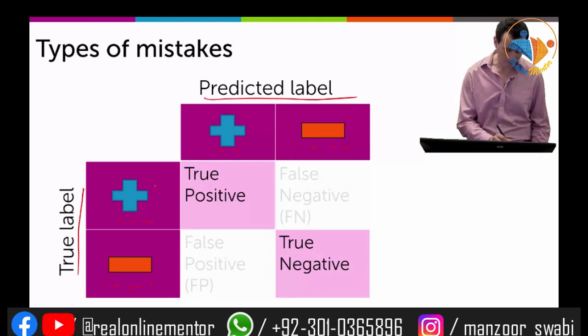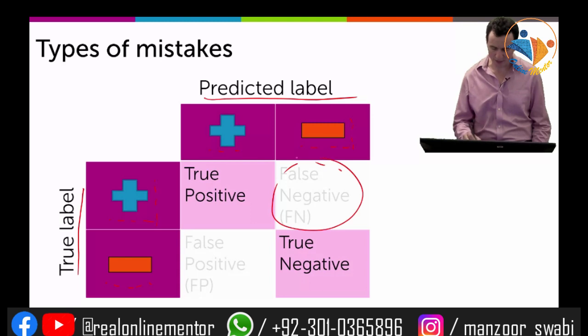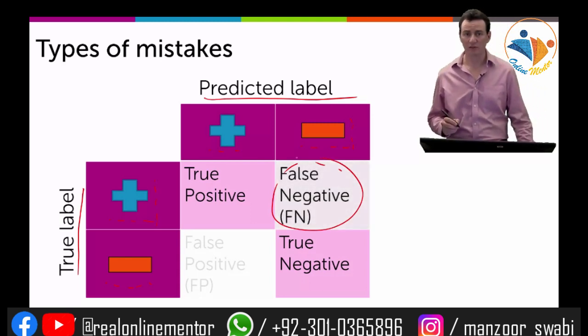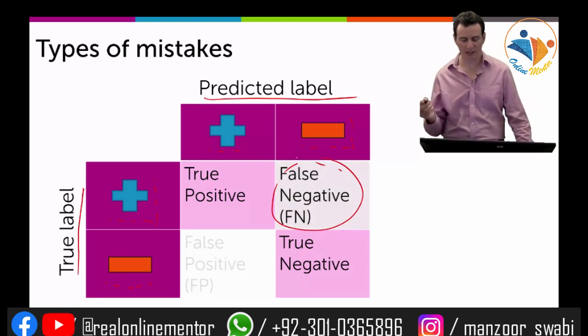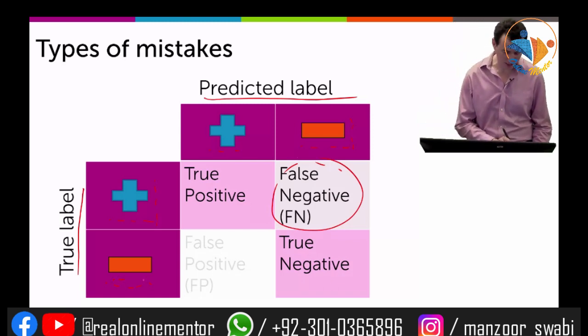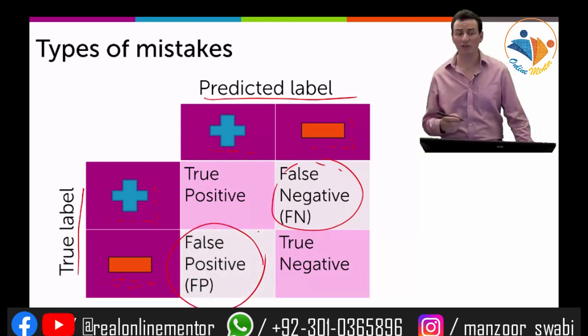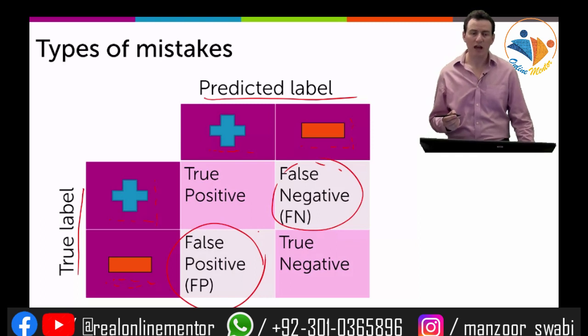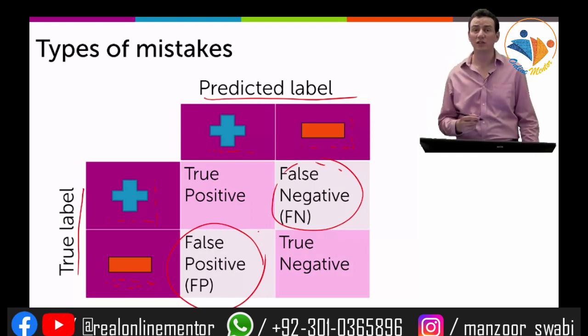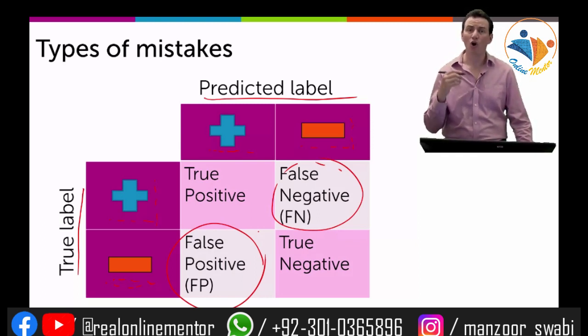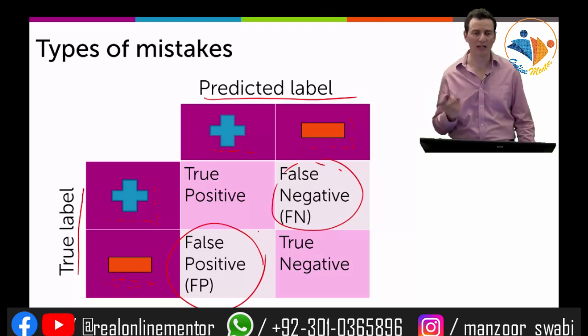So for example, if the true label is positive, but we predict it as negative, we call that a false negative. We said it was negative, but that was false because it was positive. Similarly, if the true label is negative, but we predict it as positive, we call that a false positive. It was negative, but we predicted it as positive. And false positives and false negatives can have different impacts on what can happen in practice with your classifier.